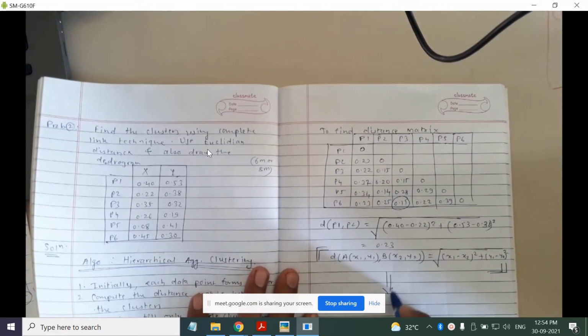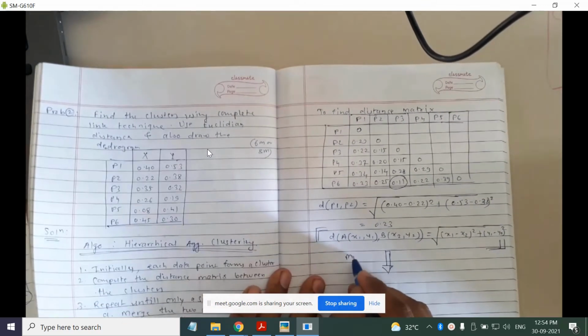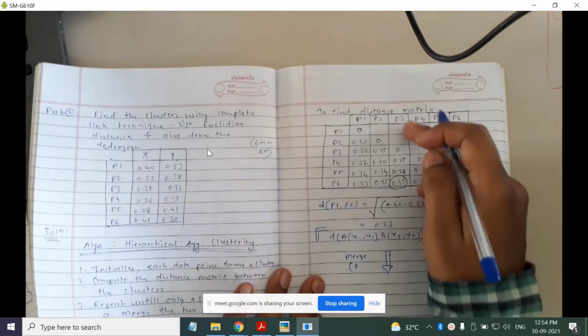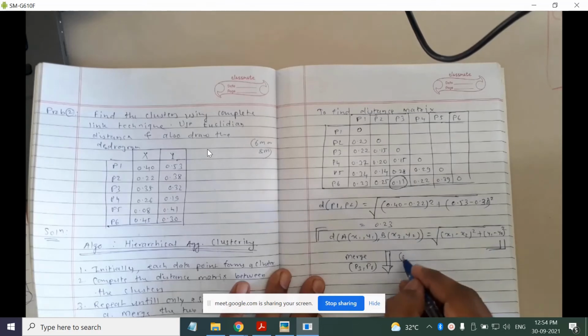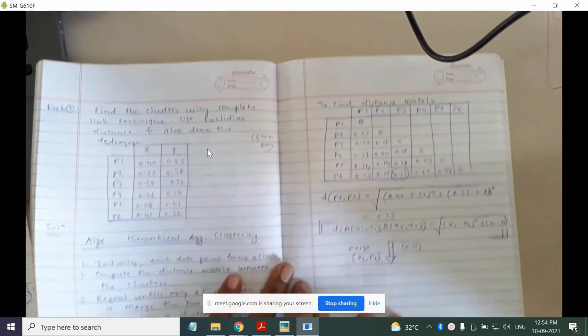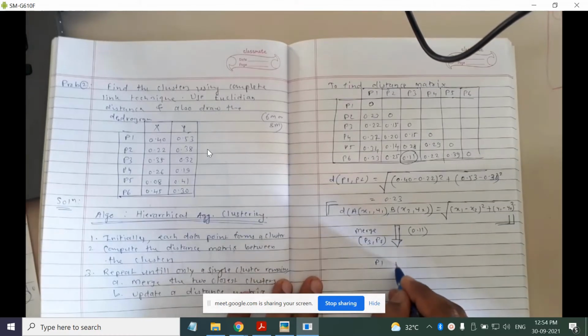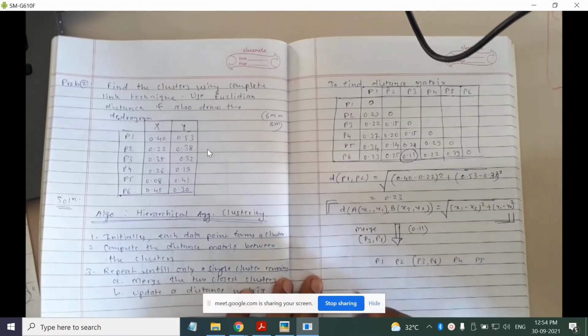Merge the pair P3 P6, and we will write the distance, which will help us in drawing the dendrogram. P1 P2 will remain as they are, P3 is merged with P6, so write it as a pair. Then P4 P5, P1 P2 P3.